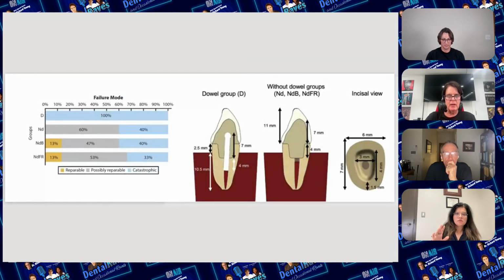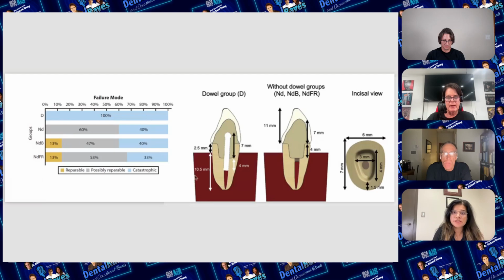So Group D, where you actually engaged the canal on top of that internal projection down into the canal space, not the root space, my understanding from this data is that it had a much higher fracture potential than the one in the middle, which has no post in there.